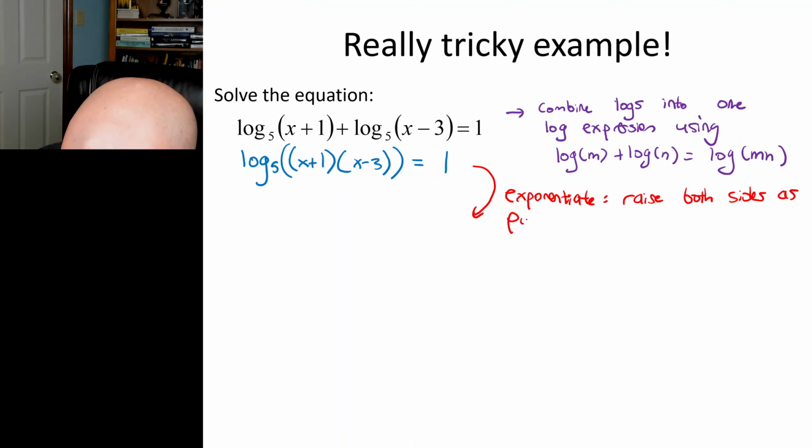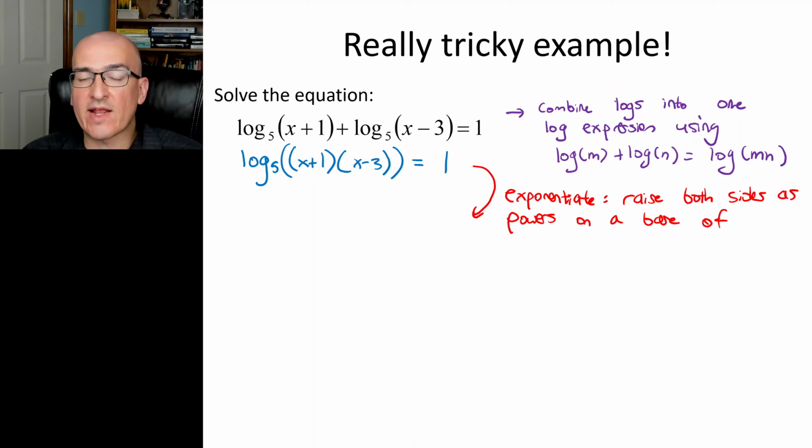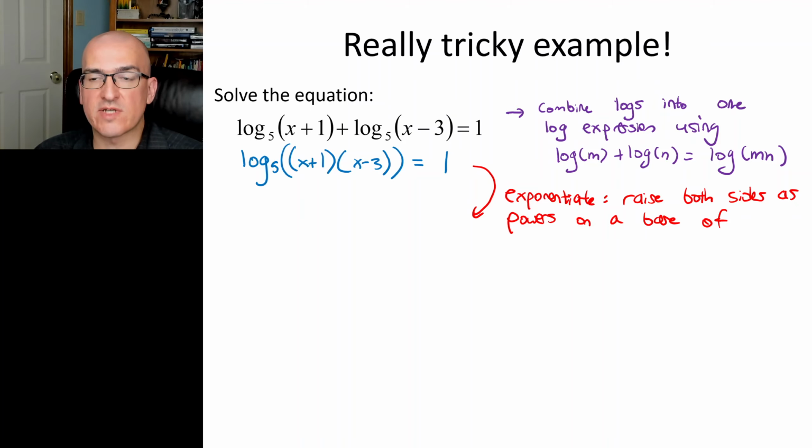as powers on a base of, now let's think about why we're doing this. We're doing this so that we can get access to a cancellation law. That's why we always log both sides or exponentiate both sides. It's that wonderful cancellation law that simplifies things that we really want access to. In order to use it, we need to match the base of the function that we're trying to cancel. So if we're trying to cancel an exponential, we log both sides using a log function that matches the base of the exponential.